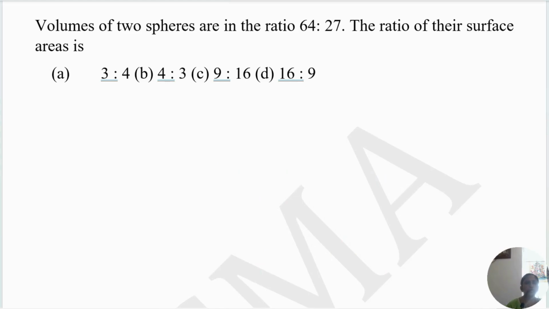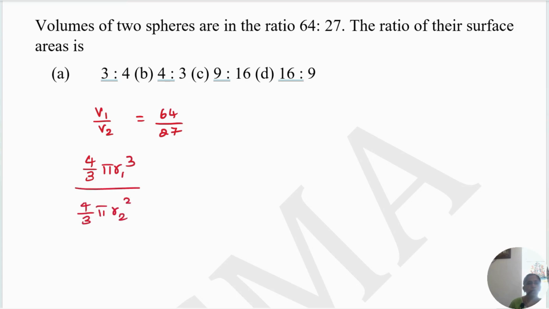Look at this question. Volume of two spheres are in the ratio 64:27. Then the ratio of their surface area is. So here we are given two volumes. So V1 by V2 is equal to 64 divided by 27. Volume of the sphere, the formula is 4 by 3 pi R1 cube for the first one, and for the second one, 4 by 3 pi R2 cube.